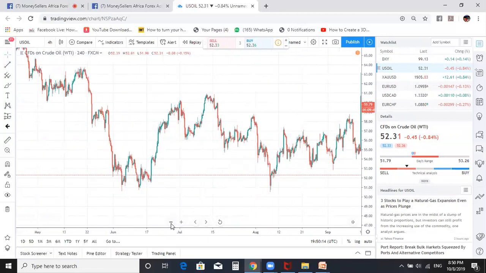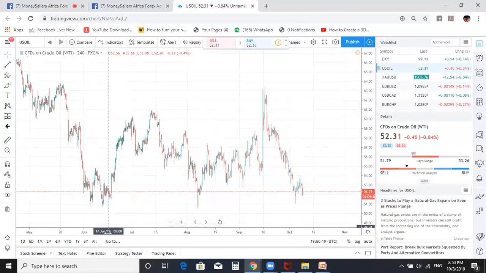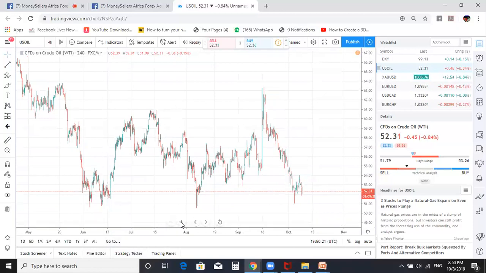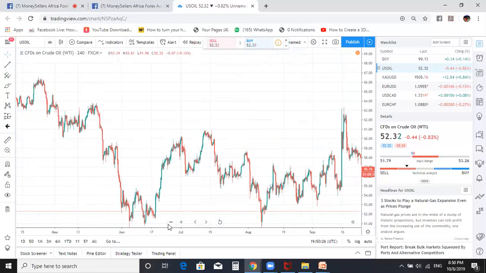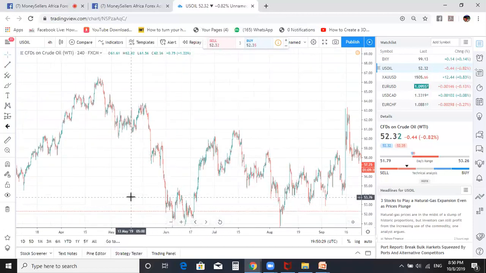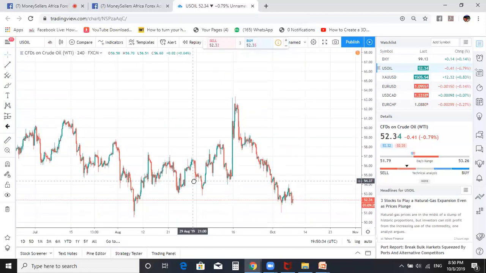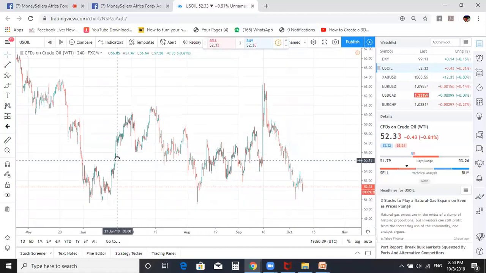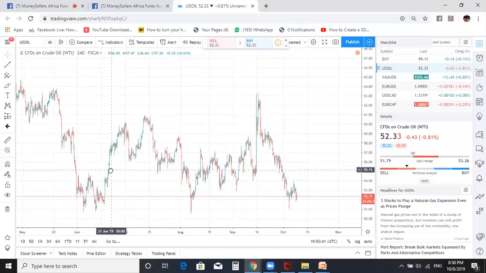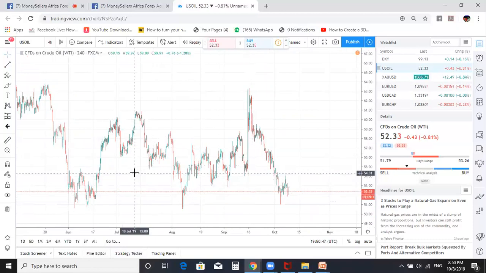However, for the focus of what we are doing here today, we are saying where is our support and where is our resistance. So let's assume we are looking at this area in the market, and we look at everything and we say, okay, where is the support and where is the resistance?